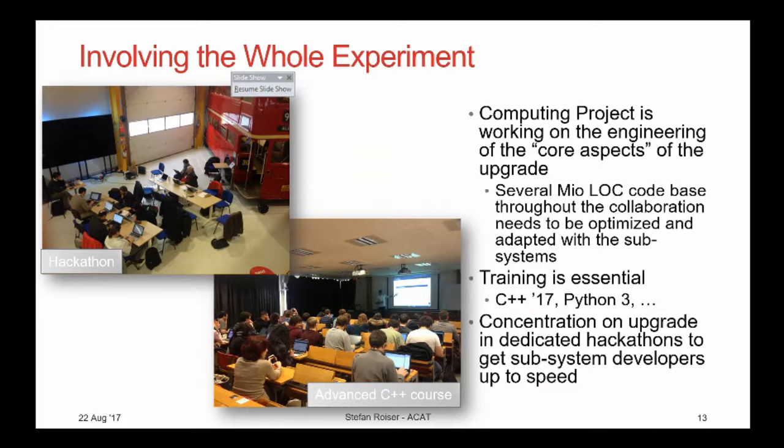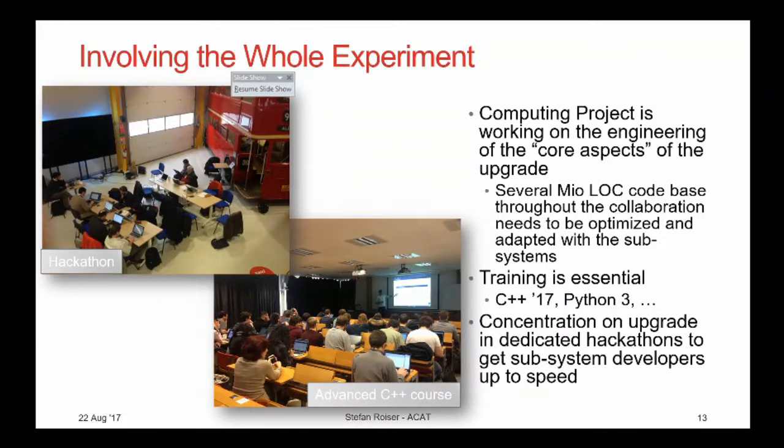Okay, so one last slide is something which I think is very important, is that the computing project itself is not doing all the work by itself. So we need the whole collaboration in order to migrate the software to this new infrastructure. What we're doing also is investing a lot into training. We have our own C++ course that we're giving to physicists, also different languages, different tools, and so on.